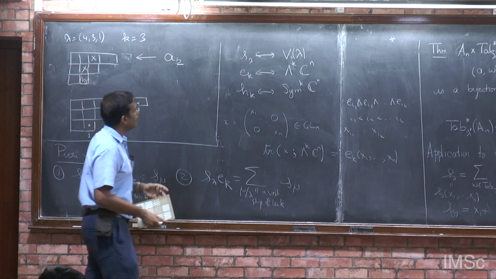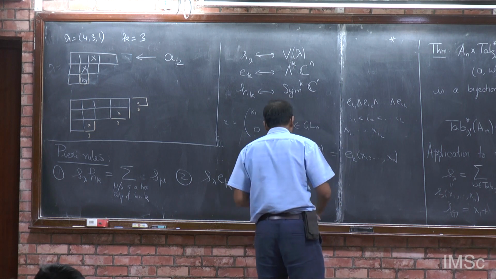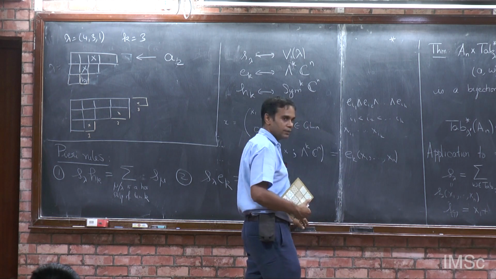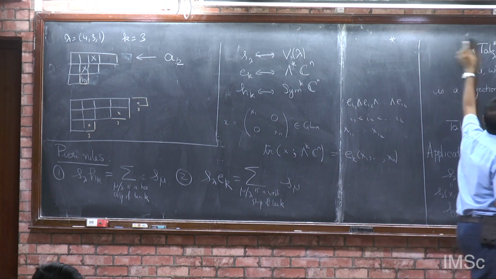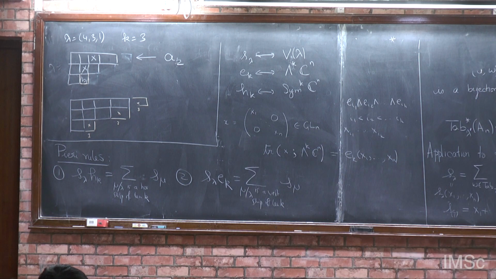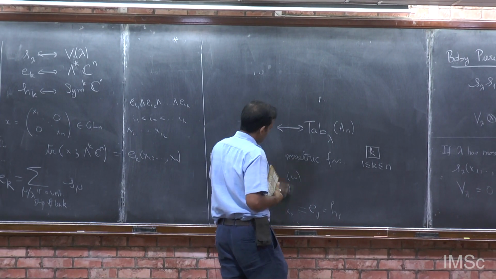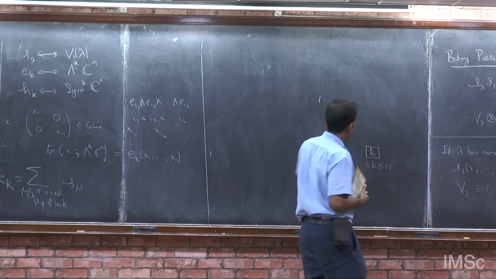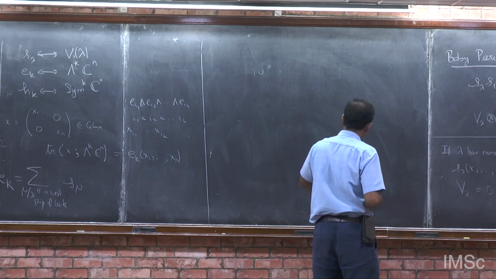And so what it's saying is that if you take the representation V lambda and tensor it with Sym k or with wedge k, you will get a sum of distinct representations, whose highest weights, which are just partitions in this case, are obtained by adding a horizontal strip.